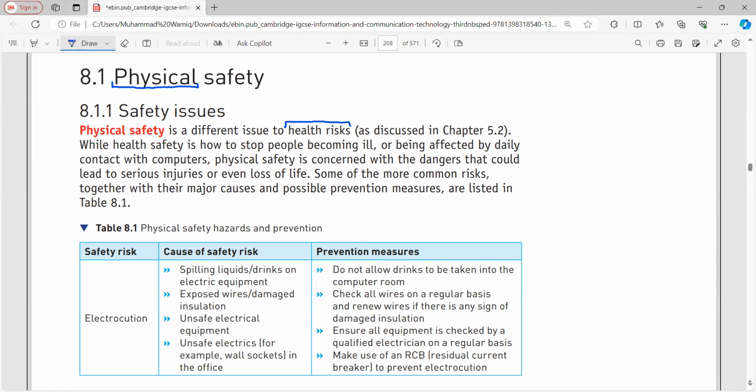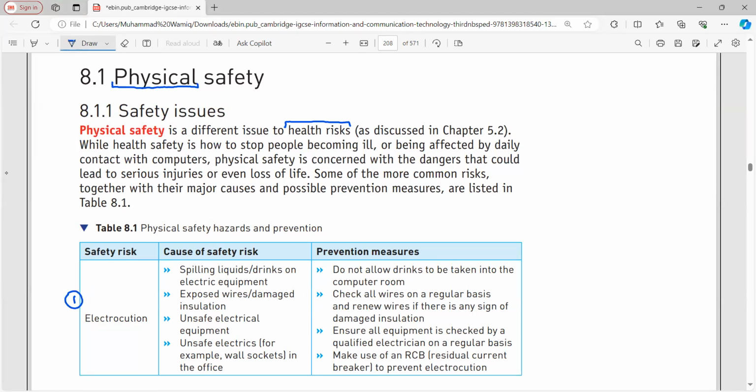Health risk means that while you are using your computer, your health should not be affected. You should not become ill, or continuous usage of a computer can lead to health problems. Some serious injuries could even lead to the loss of life. So this is what we are going to discuss here, starting with the first safety risk, electrocution.